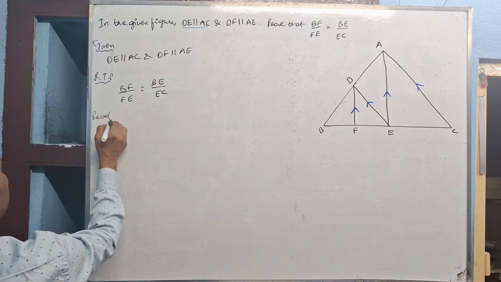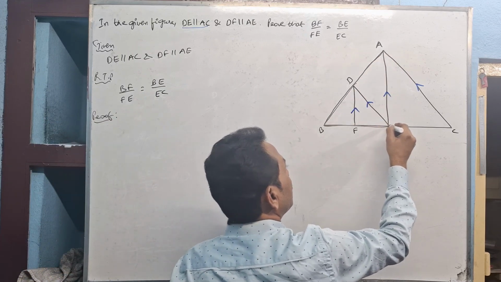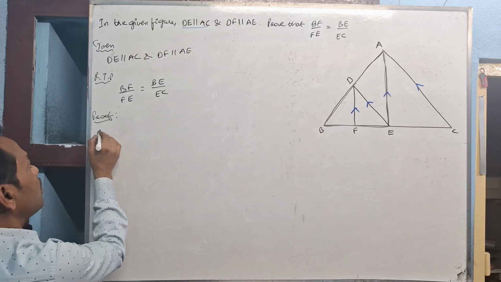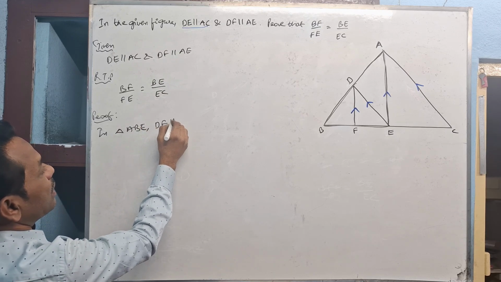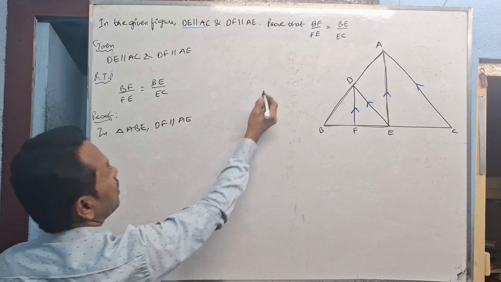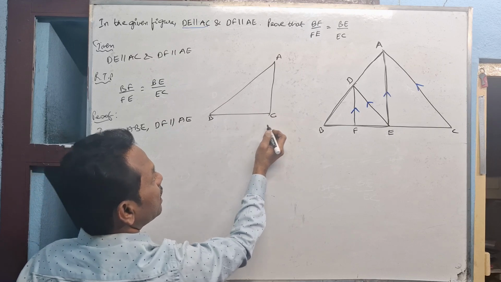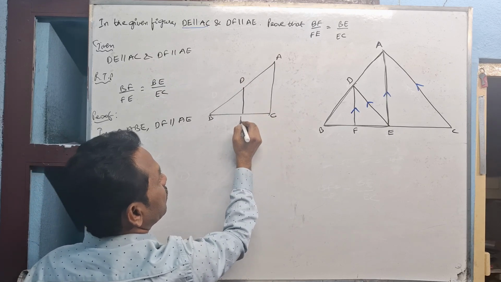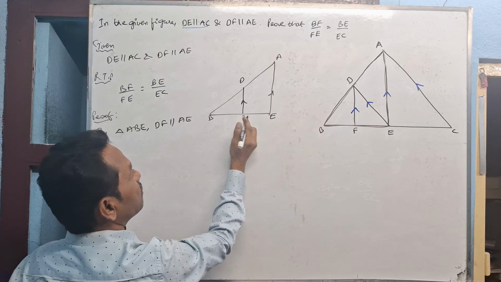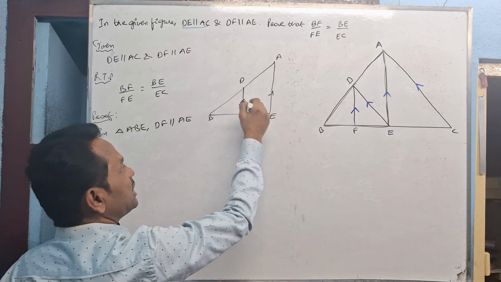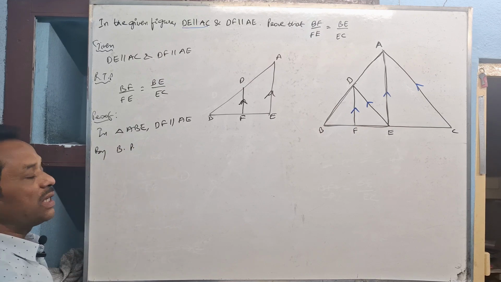Now we will go for the proof. In the first step, let me take this smaller triangle, ABE. In triangle ABE, given DF is parallel to AE. Let me draw the figure here. This is A, this is B, this is E, and given DF parallel to this AE, this is F. Given this line is parallel to this side, we can apply the basic proportionality theorem here.